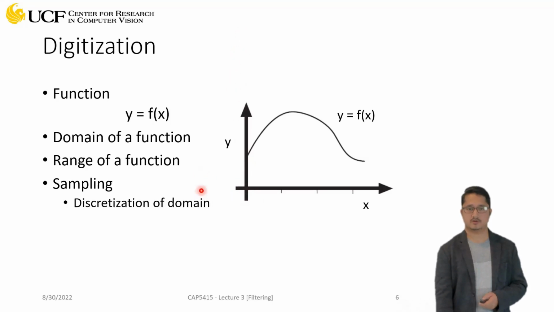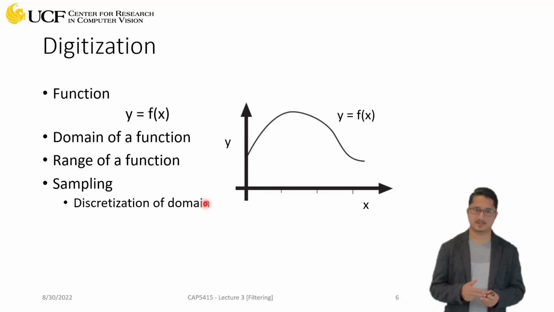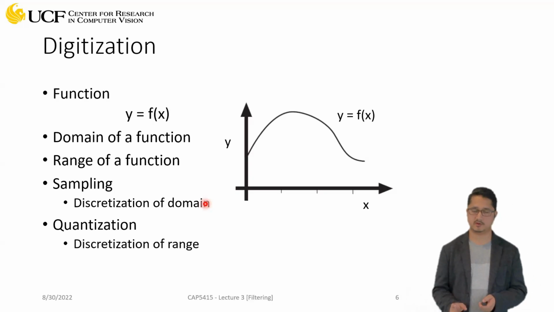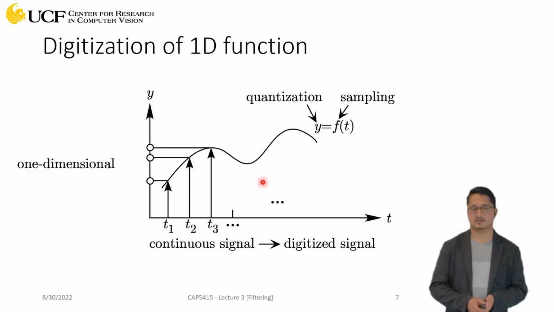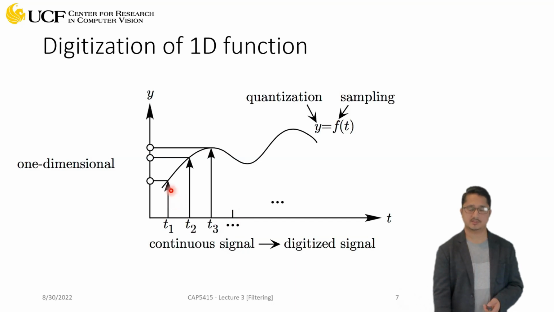Now, as I said, image digitization has two steps, sampling and quantization. Sampling is discretization of the domain, and quantization refers to discretization of the range. So let's try to understand how we can discretize these two axes here. For example, this is another function f, where y is the range and t is the domain here. The first step, which was sampling, is the discretization of this axis.